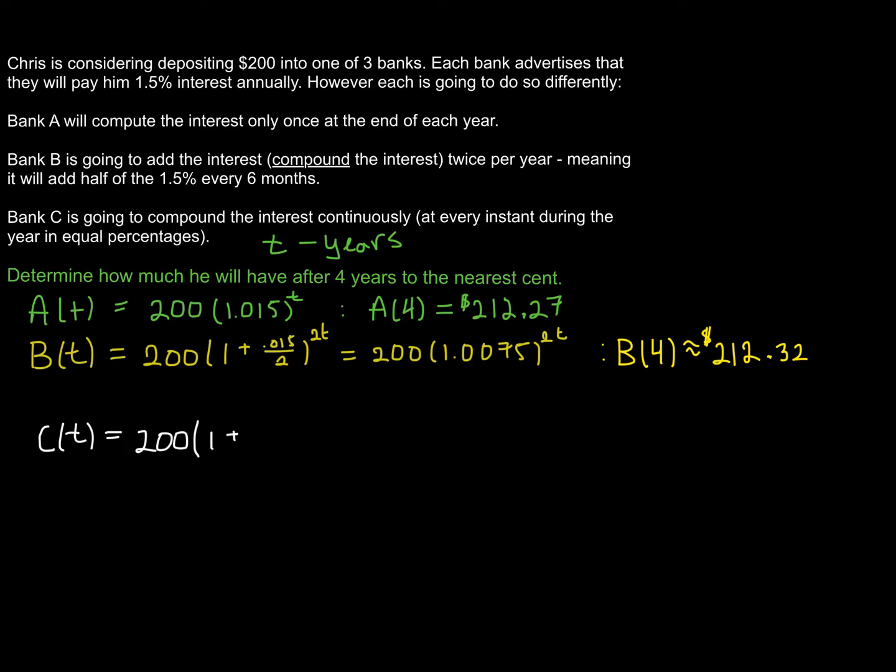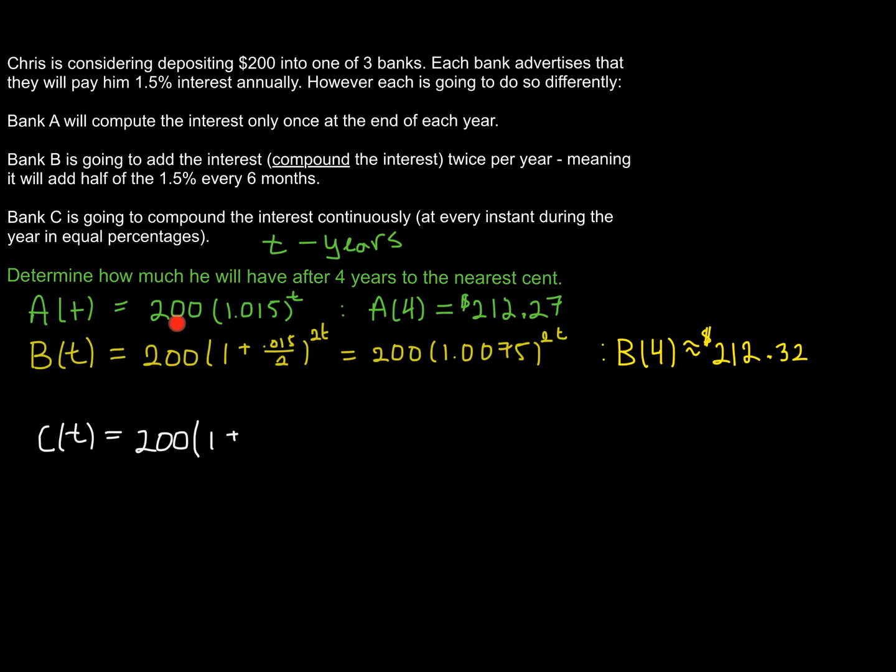All right, let's go quickly over banks A and B, so we can move on to bank C. We, of course, have here a situation where your interest is 1.5% per year. That's the rate at which you're gaining interest. And bank A is going to compute that interest and add it on at the end of the year. So at the very end of the year, it's going to say, okay, I'm going to take 1.5% of whatever you have, and I'm going to add it on.